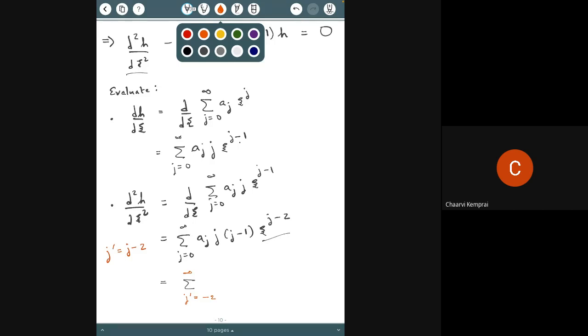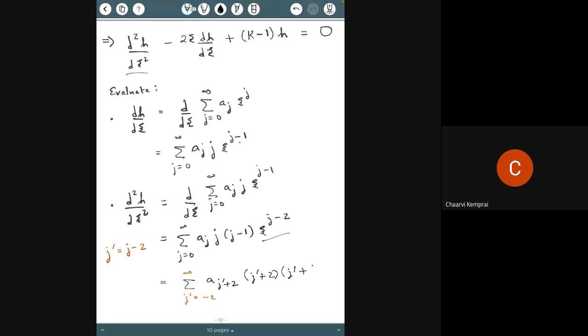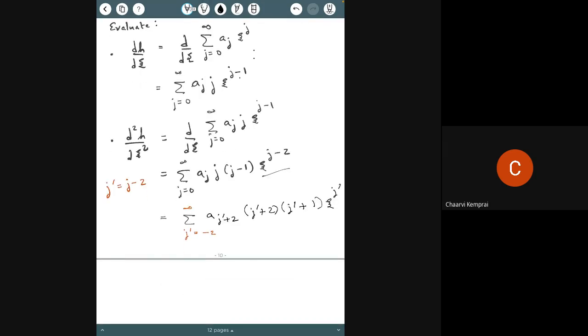And I will end up with j prime plus 2 over here, and then I have j prime plus 2 into j prime plus 1 into xi to the power j prime. So this is fine.